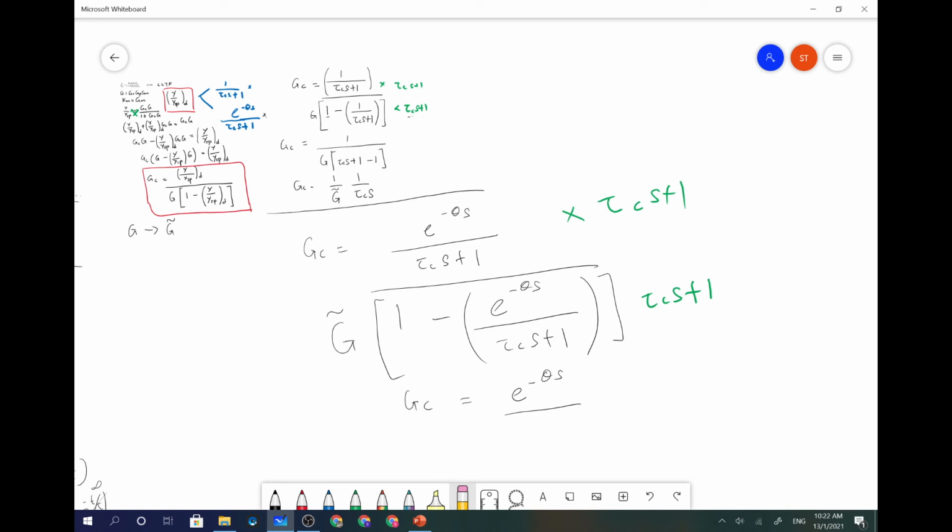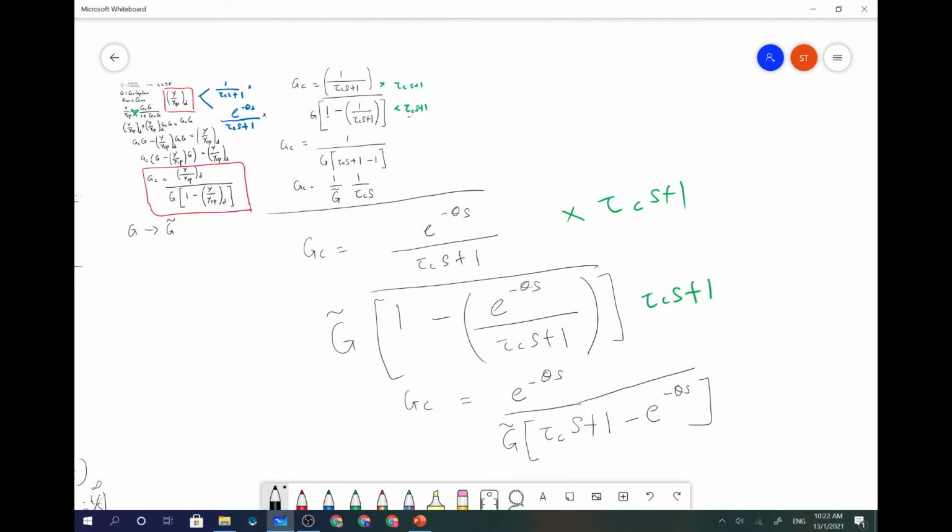So you have also here G model. Here you have tau C S plus 1 minus exponent negative theta S.